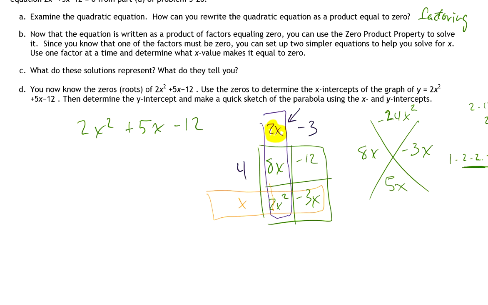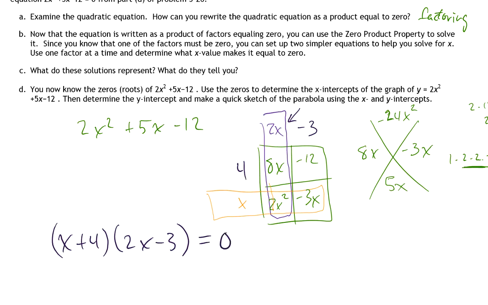And finally, when I multiply 2x times x, I do get 2x squared. So I know what my factored form is, right? My answer should be x plus 4 times 2x minus 3.